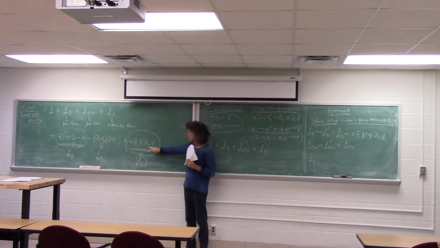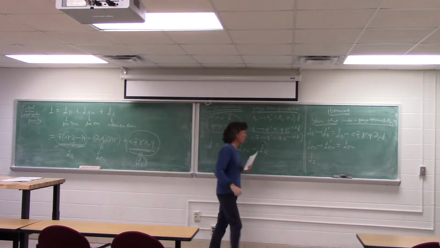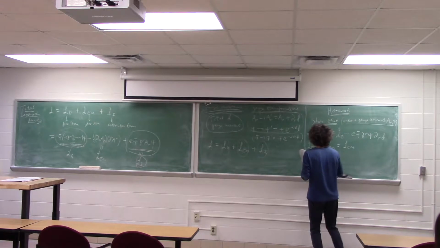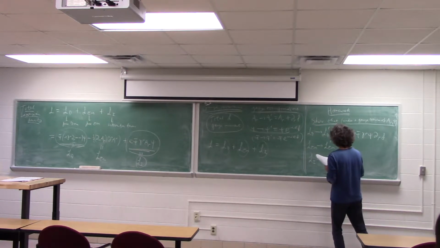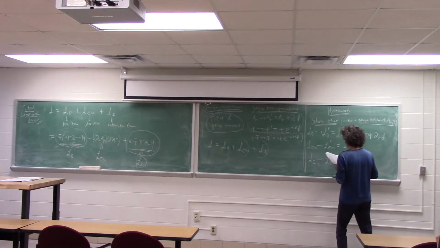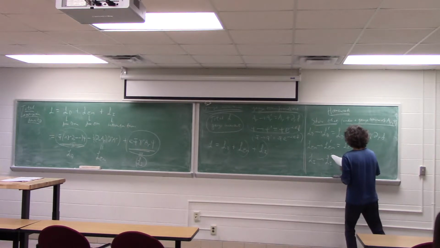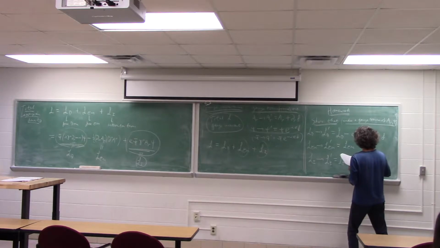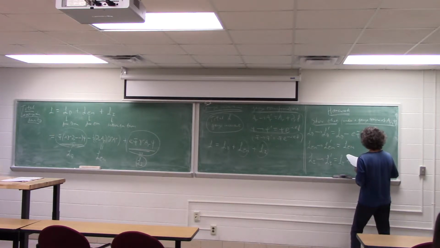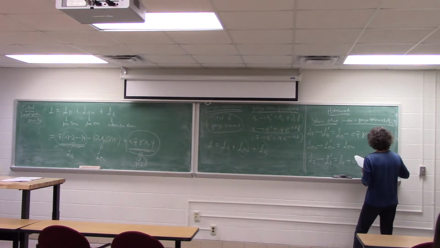I perform a gauge transformation on A and psi simultaneously. You should be able to show that the new interaction term is equal to the old one plus e psi bar gamma mu psi d mu f.